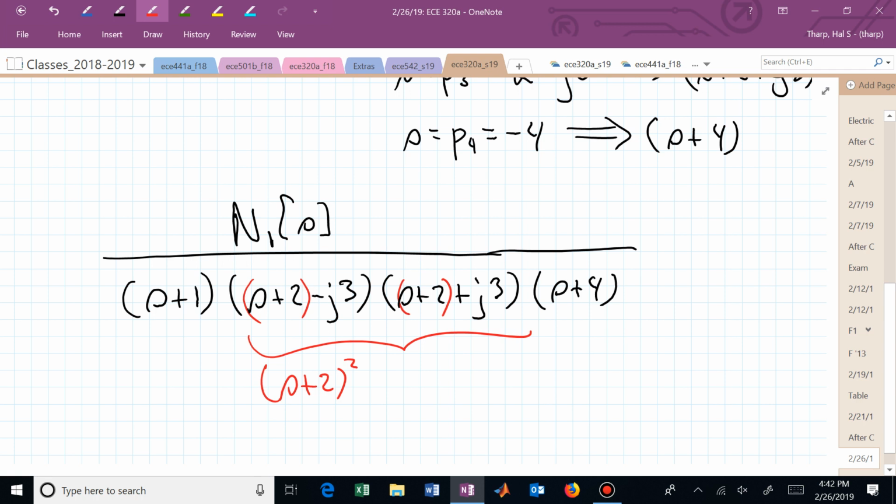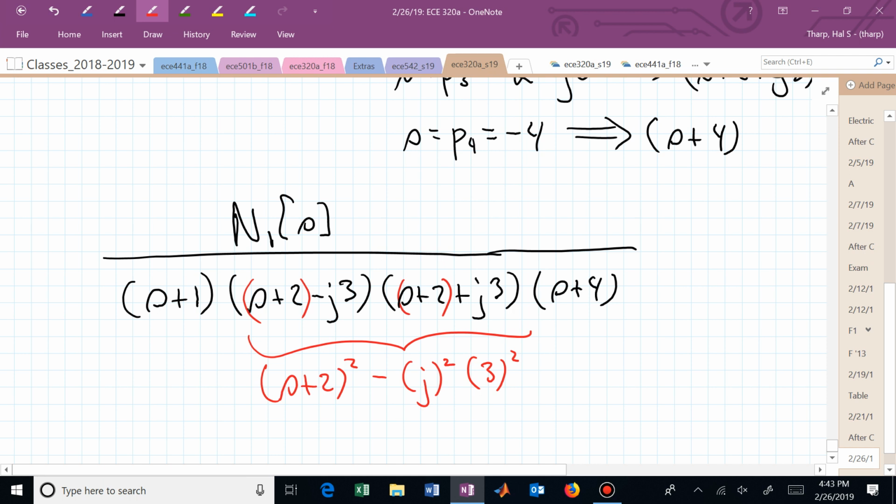And what else do we have? We have a minus j squared times 3 squared. But we're electrical and computer engineers, so we know what j squared is. j's the square root of minus 1, correct?